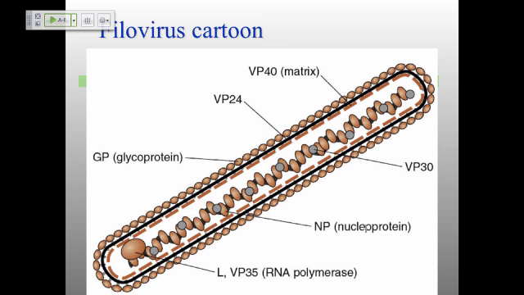You have, unfortunately, different names for everything in here, but basically your matrix protein is the VP40 protein, and it's that matrix which is holding this long, flexible structure together. And VP24 is another membrane protein. I'm not going to expect you to remember all these names because there are way too many VPs.